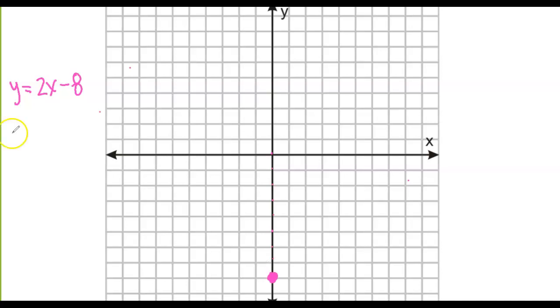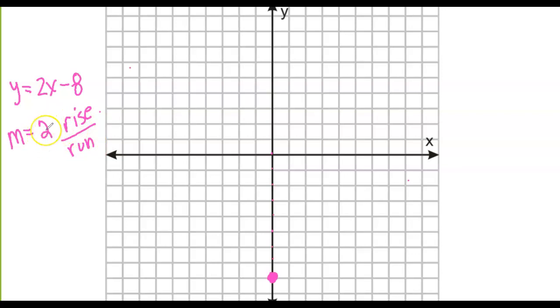And then we already said that the slope was equal to 2, right? But when we're dealing with graphs, how do we find slope on a graph? What strategy do we use? Rise over run. So I need to have a rise over run.